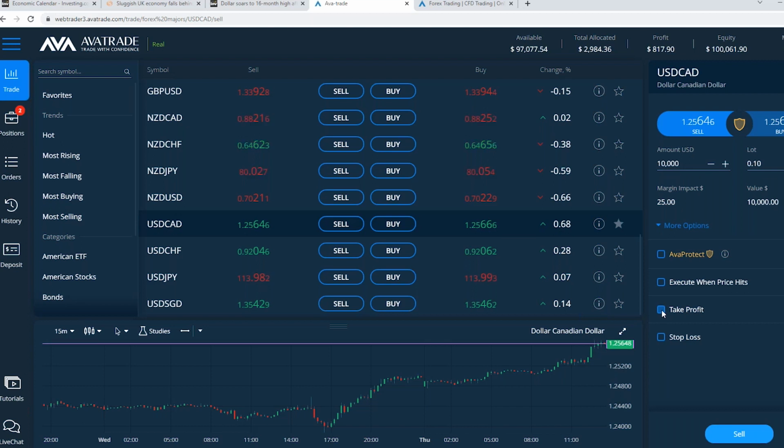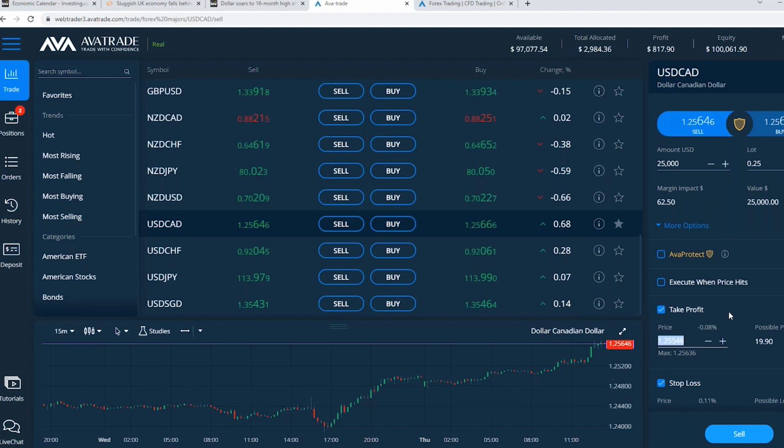Obviously, you can program your take profit and stop losses. And so if I'm selling here, and let's say I want to do, I don't know, a quarter of a lot, and I say I want my take profit 50 pips down.